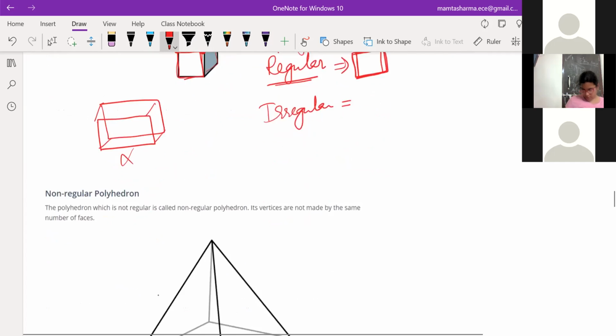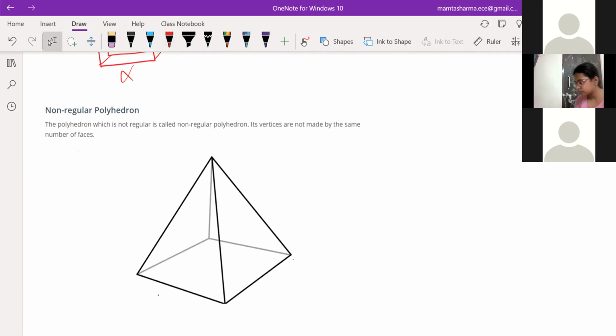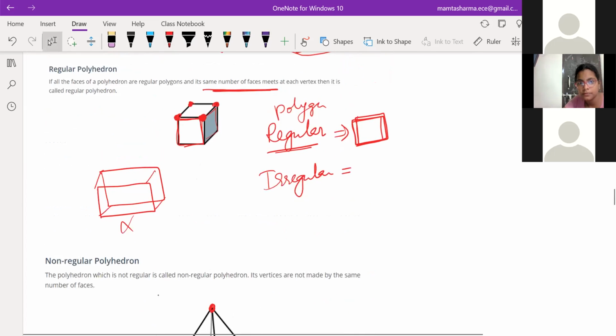For this shape, at this point, 4 surfaces are meeting. At this vertex, only 2 surfaces are meeting. So that's why it is called non-regular. For each and every vertex, the same number of faces should meet.